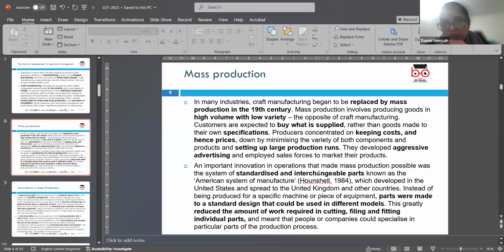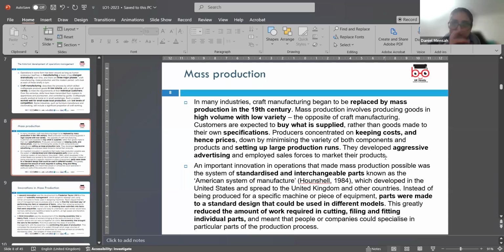For this reason, and to produce the same product in large volume, they needed to set up big facilities or factories, and to sell their products, they were focusing on aggressive marketing, because they wanted to create demand among customers. Without advertising, it was not possible to sell their product. So in this era, they were focusing on advertising, bringing the cost down, and producing the product in bulk. Okay, so that was this era.